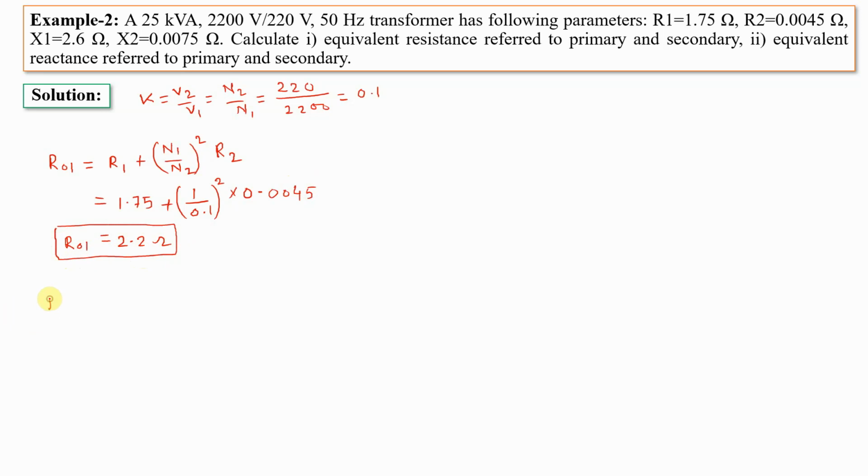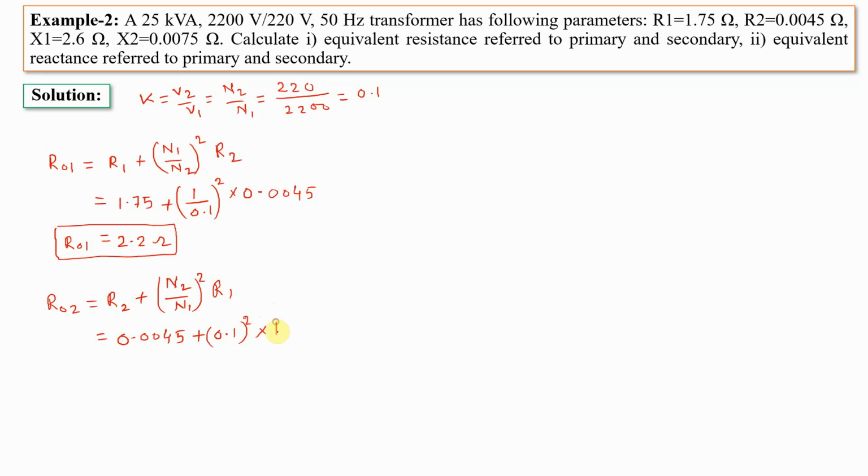Similarly, the equivalent resistance referred to secondary, that is R02, is R2 plus (N2 by N1) whole square into R1. So here R2 is 0.0045 plus N2 by N1, which is 0.1, so 0.1 square, into R1.